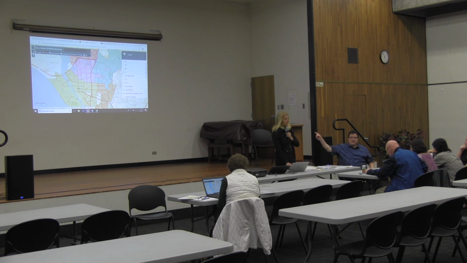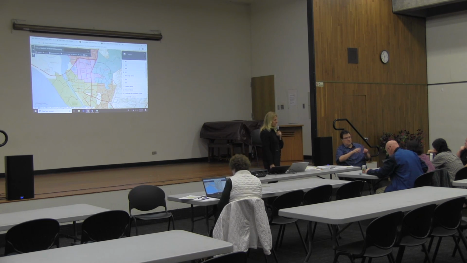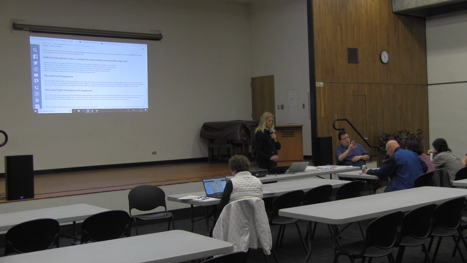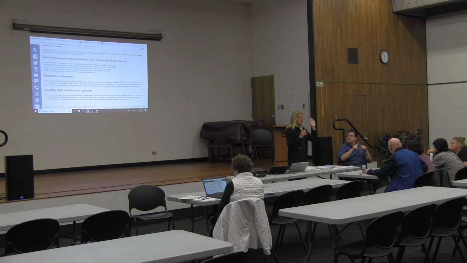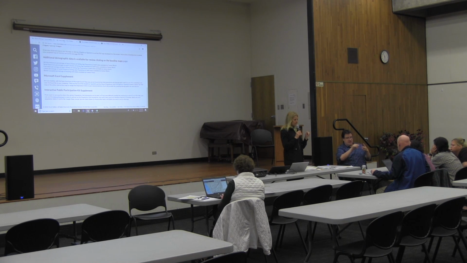How do we get to this page you're on right now? You get to that page from the website. So on the website, let's start from the very beginning. From the home page, City Hall, City Clerk, District Elections, Draw a Map.